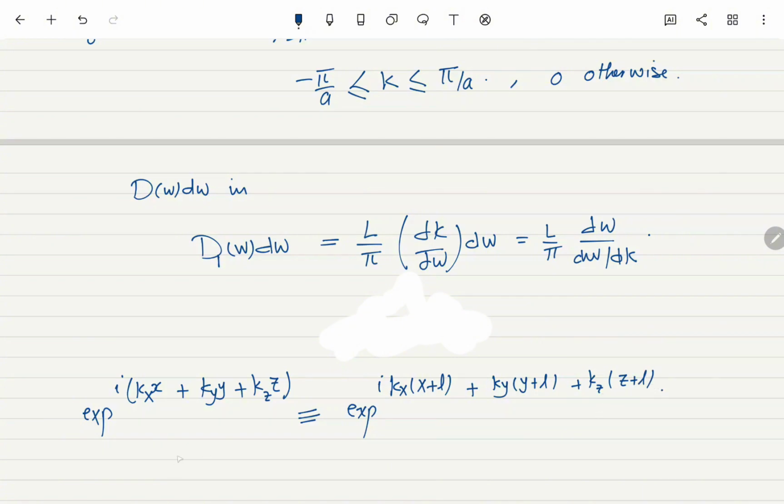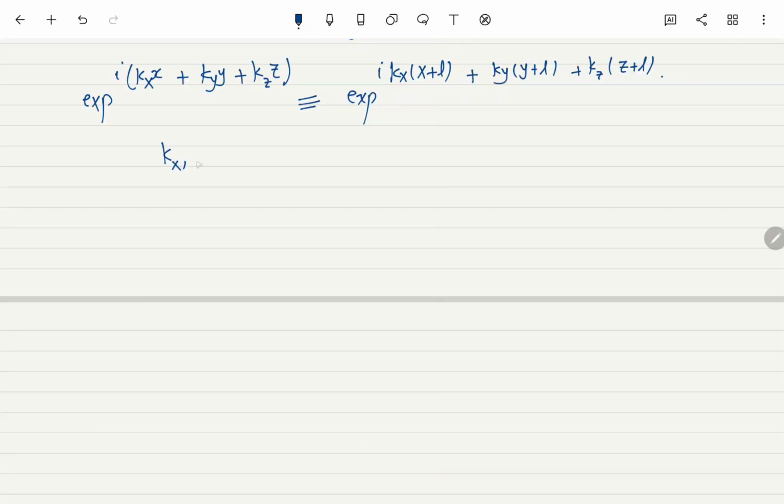In such a way, kx, ky, kz are equal to 0, plus or minus 2π/L, plus or minus 4π/L, until Nπ/L.